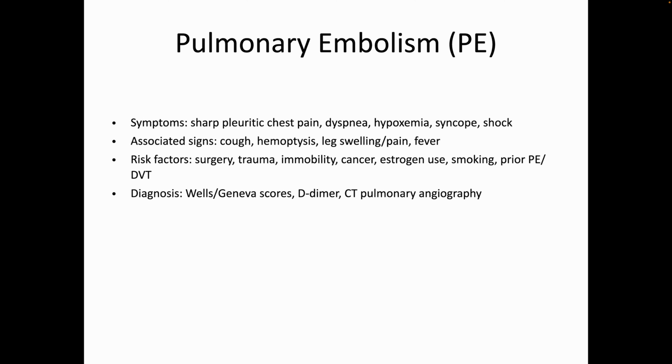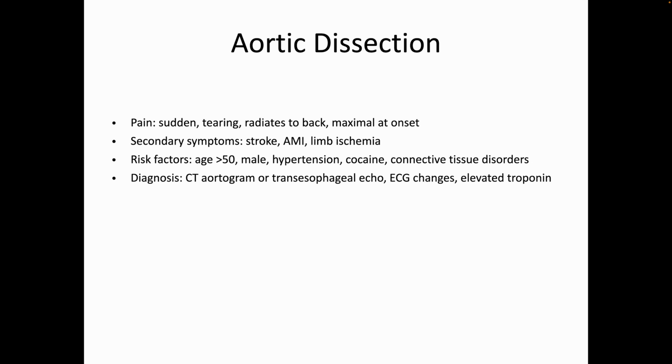Now you would of course use the different Wells criteria scores and the Geneva scores and the PERC score, but we'll go over these in a separate lecture. Of course you would also use labs like D-dimer, and a CT pulmonary angio is a definitive way to make the diagnosis.